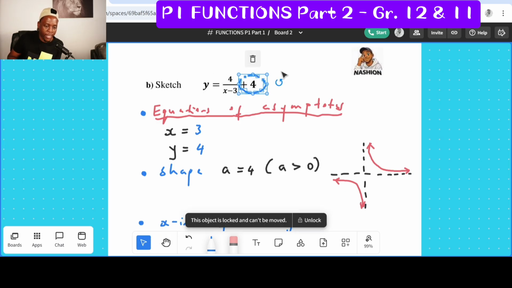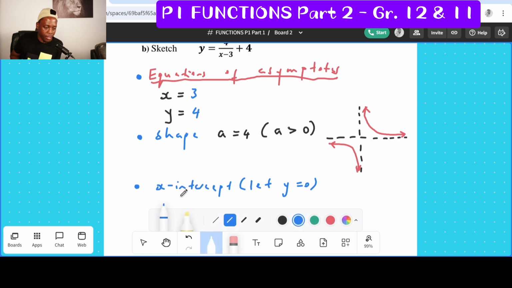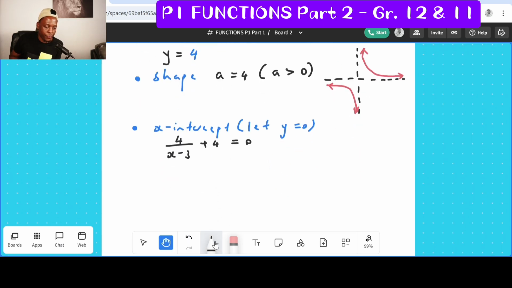So the whole expression is going to be equal to 0. So that's going to be 4 over x minus 3 plus 4 is equal to 0. We take 4 to the other side to prepare for cross multiplication.